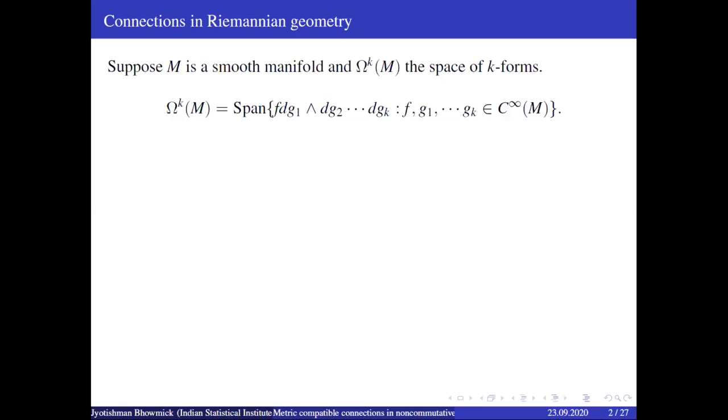Here d is the differential. In particular, if g1 is a smooth function on M, then dg1 is a smooth 1-form. For a natural number k, Omega^k(M), or in other words the space of k-forms, is the span of elements like this, where f, g1, g2, ..., gk are smooth functions on the manifold M. In particular, if I take k equal to 0, then I only have f.